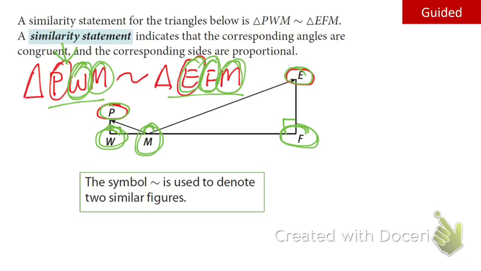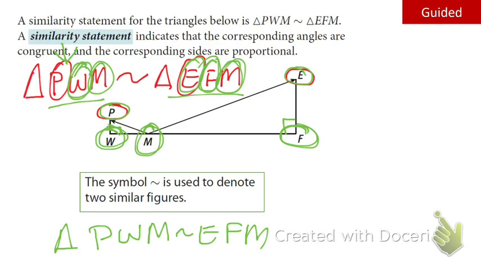Notice that in naming triangles, you have the triangle sign, and then you have capital letters that are in alphabetical order. Well, I take that back. Not alphabetical order. They are in order according to their corresponding angles.